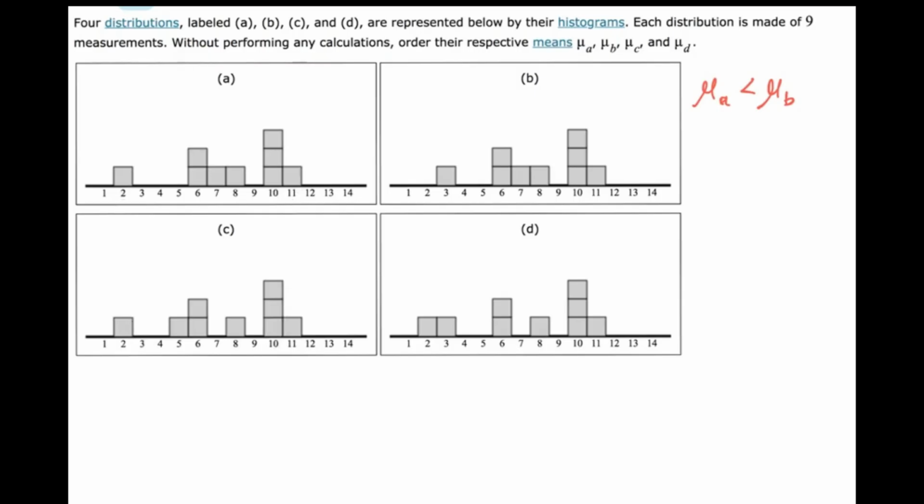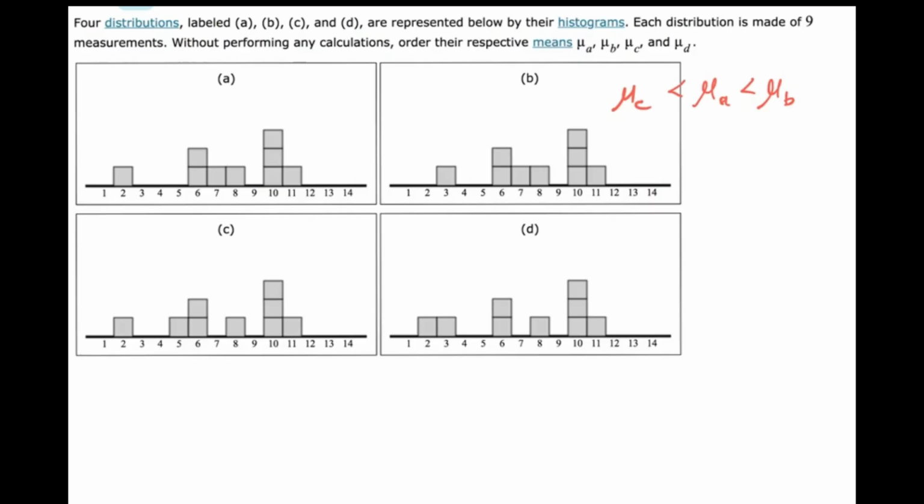The only difference is that element that used to be at 7 in histogram A shifted to 5 in histogram C, which makes the mean of histogram C smaller than the mean of histogram A. Therefore, I can add one more inequality symbol and say that mu sub C is smaller than mu sub A.